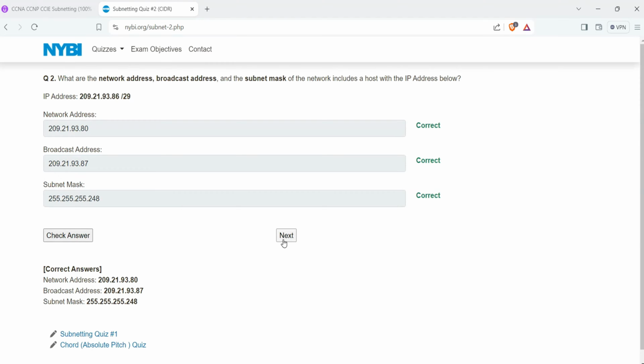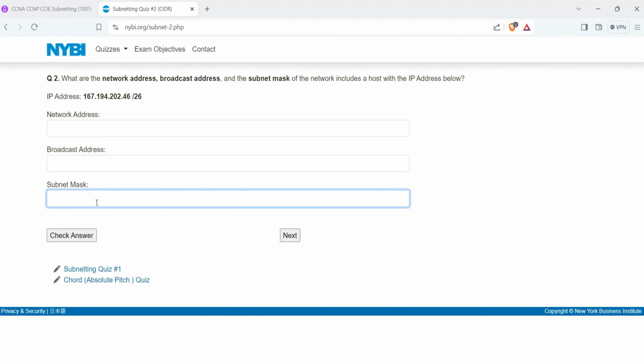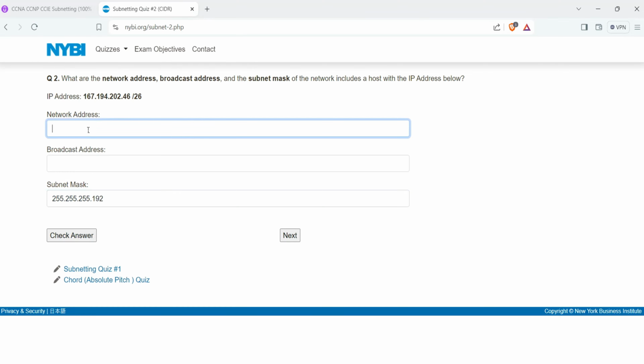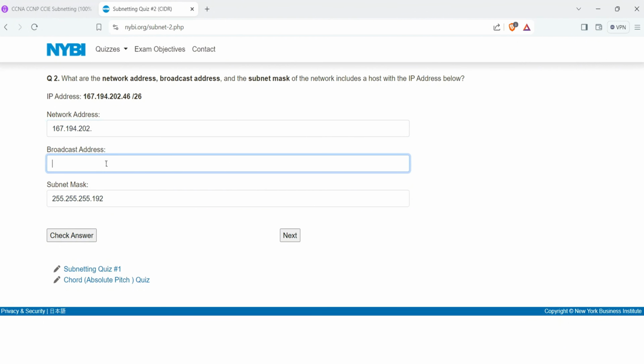And check answer. Where does 26, slash 26: 255, 255, 255, 24 bits, two more. 128 plus 64 is 192. Oh, the first three octets don't change. 167.194.202 dot what? Okay, same thing over here. 167.194.202 dot.